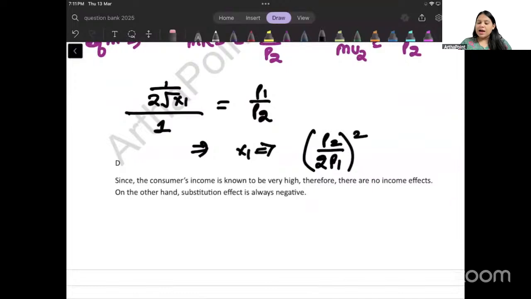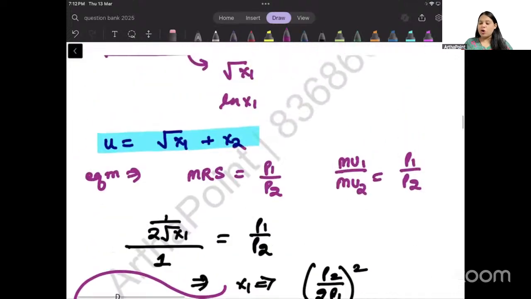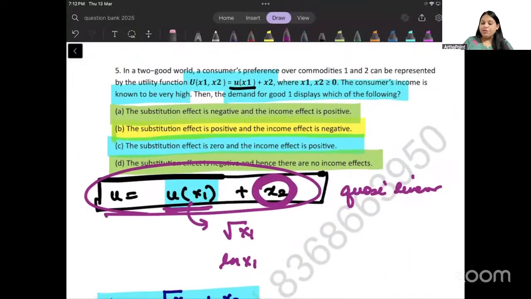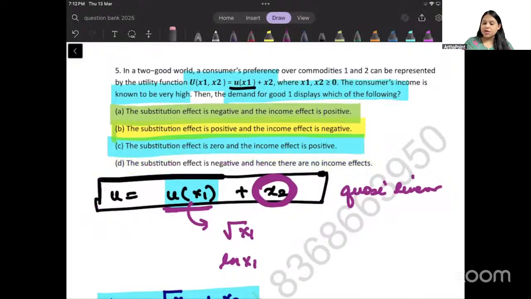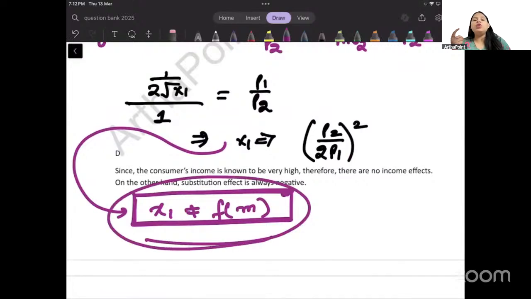तो यहां से मुझे क्या चीज आइडेंटिफाई हो रही है? I can identify from here that x1 is not a function of income. Whichever good is coming here, जो भी गुड यहाँ पे नॉन लीनियरली आ रहा है, इट इज नॉट अ फंक्शन ऑफ इनकम, है ना? तो इट मीन्स दैट इनकम के चेंज होने पे इट विल नॉट चेंज द डिमांड, demand will not change when income will change.